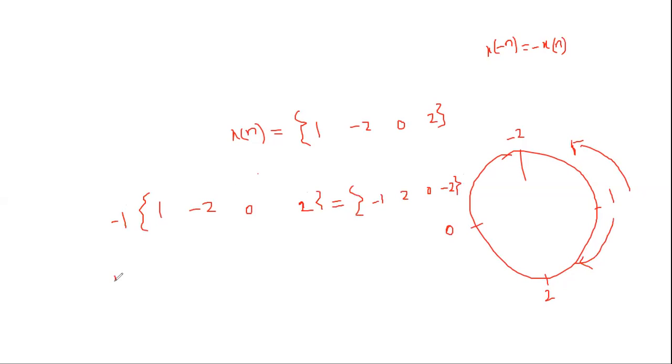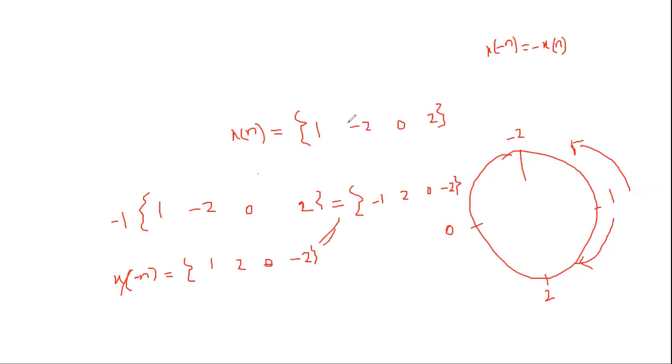That would be my x of minus n. How would that look? That would be 1, 2, 0, minus 2.